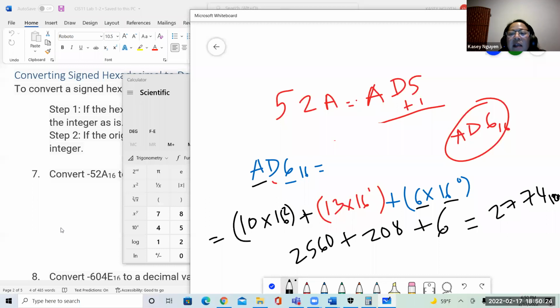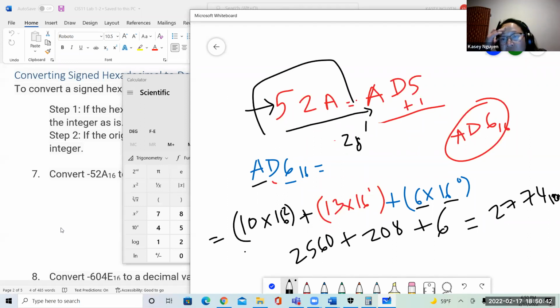So in that step, we simply take the value, convert it to 2's complement, right? And then we would do the multiplication after we got the 2's complement, because we need to find the opposite of this number, or the 2's complement of that number.